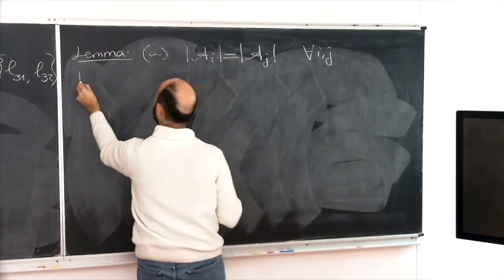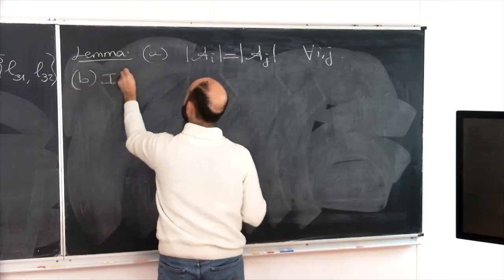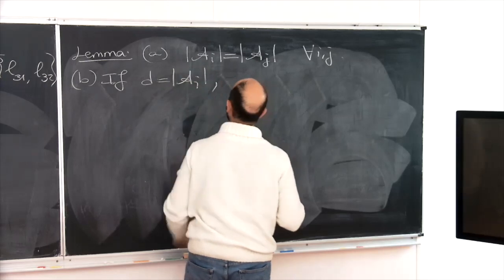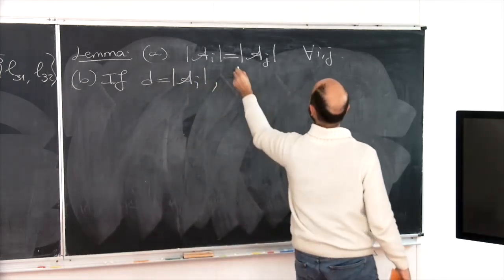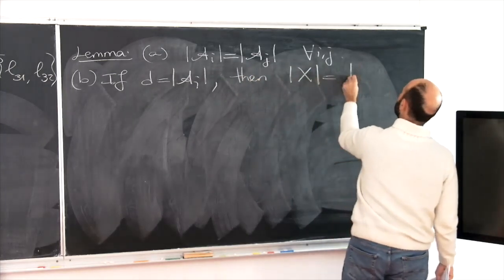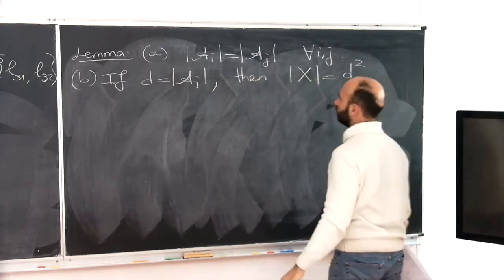And if this common number is denoted by d, then the point set X must have exactly d squared points.